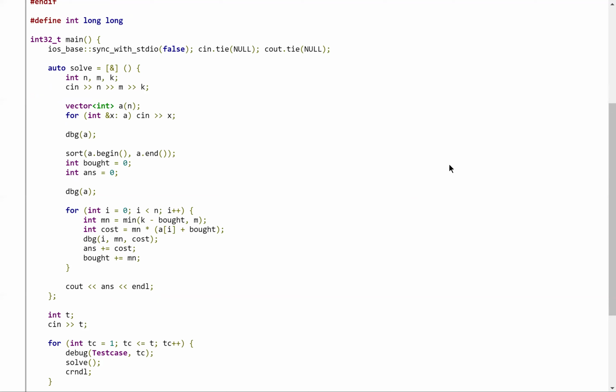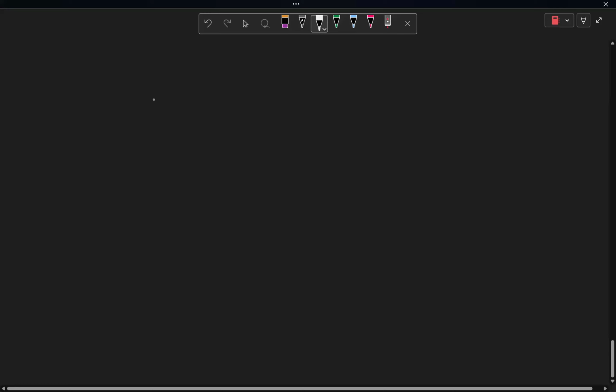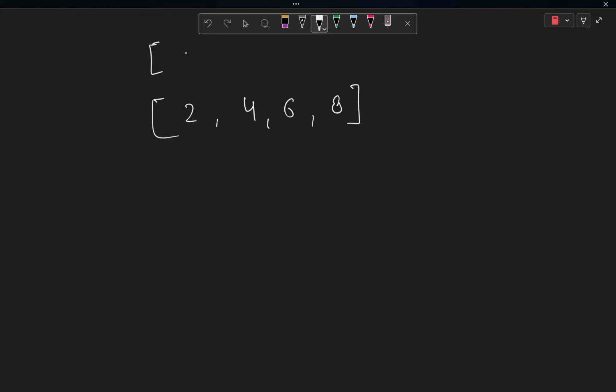What if I choose to not buy until we get the smallest number, but does not this affect the cost at which we buy the ticket initially? Okay, so somebody is worried. Are you worried about the fact that what if I was having 2 4 6 8 and 8 6 4 2?